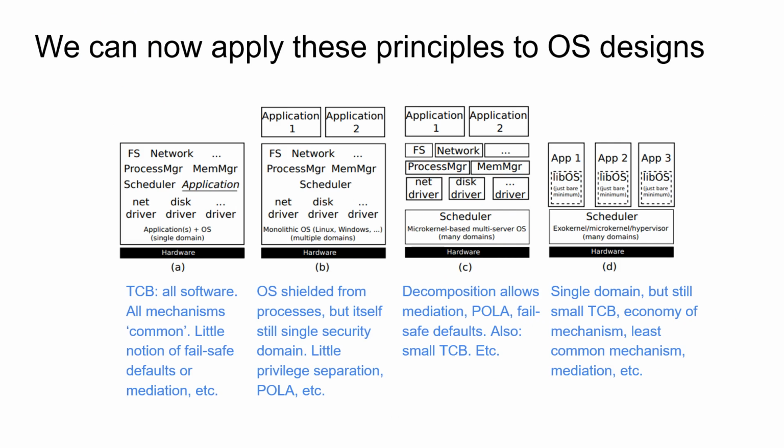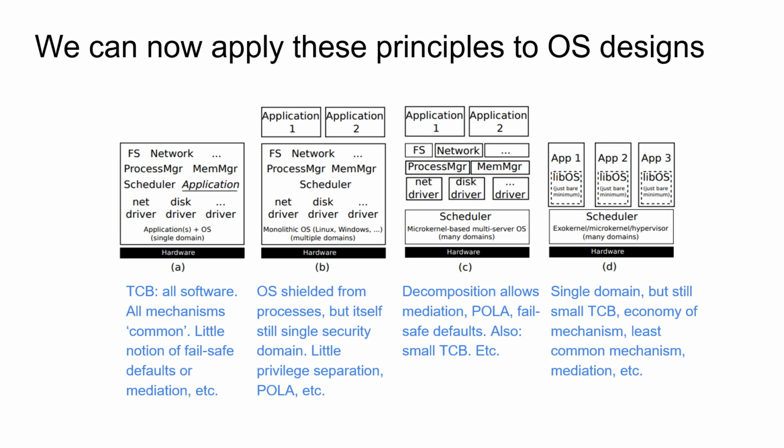If we have the design on the left, we know that the trusted computing base comprises everything, all the software. All mechanisms are common. There are no fail-safe defaults, no mediation, and no principle of least authority. Whereas in design number B, we have separation between the applications and the kernel, and so that's already a little bit better.